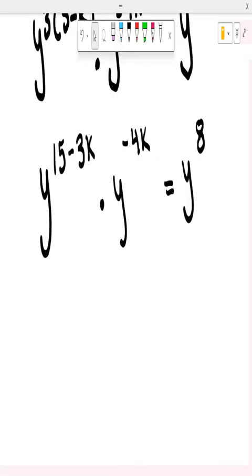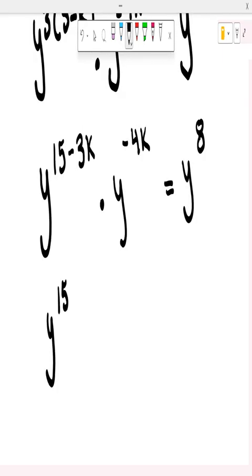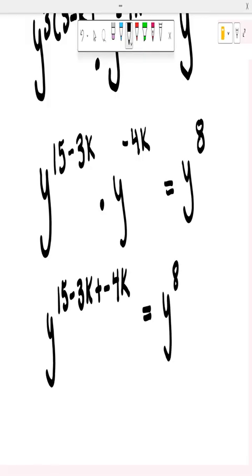If you have two bases the same, it's multiplication. What do you do to your exponents? You add them. As long as you do that, then yes, you can drop your bases. So what I mean by that, this is the same as... I know you're not going to like the plus minus, but I just want you to see, I did add them. Would you agree with that statement?